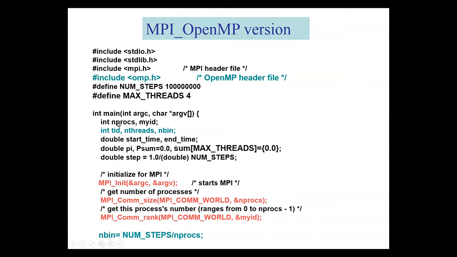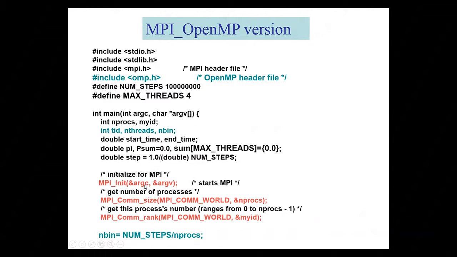This part is for the total number of MPI processes, and each MPI process will have its own ID, and you want to know how many threads to use, and each thread's ID as well, and the number of bins. This is the same.